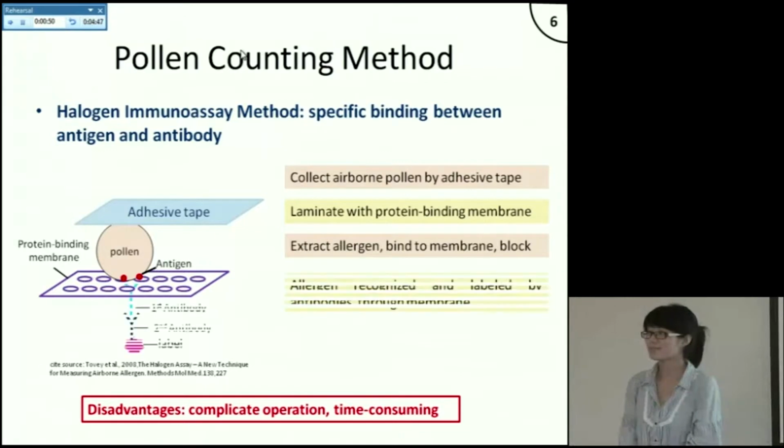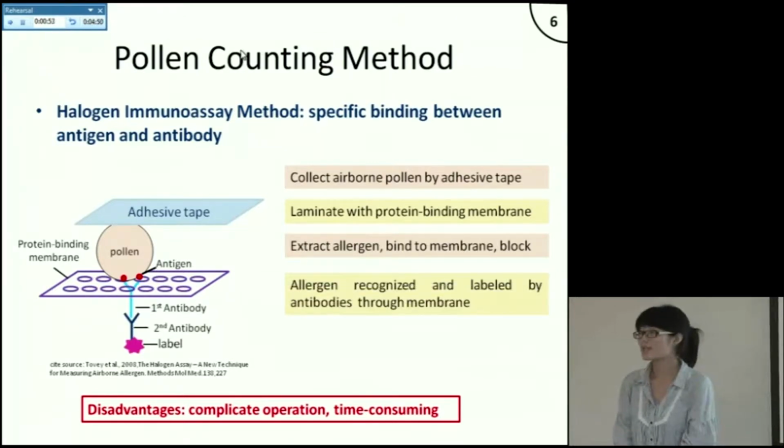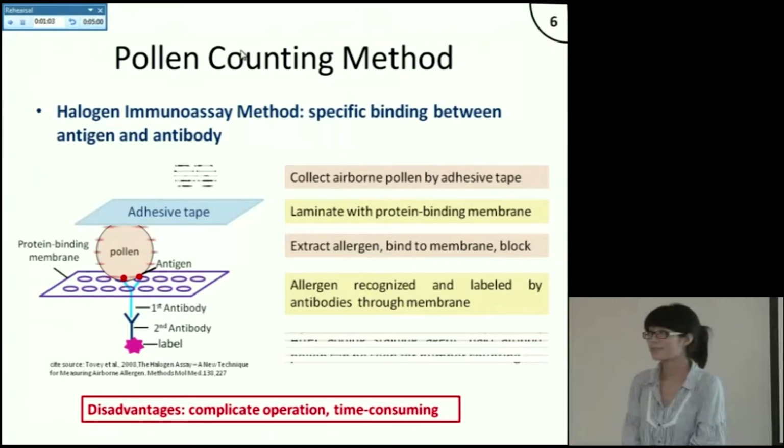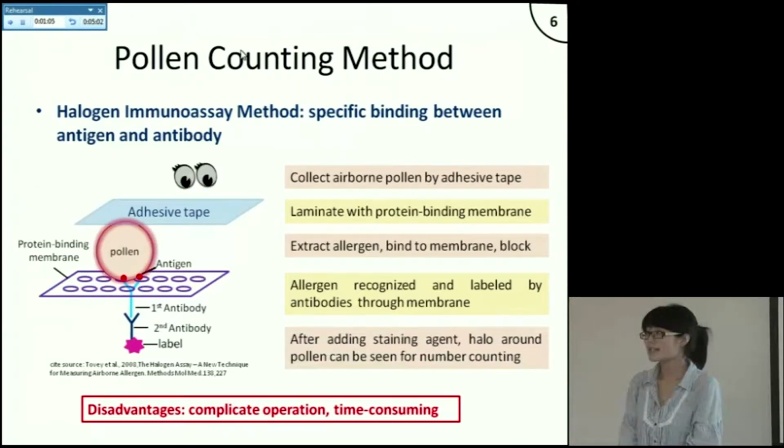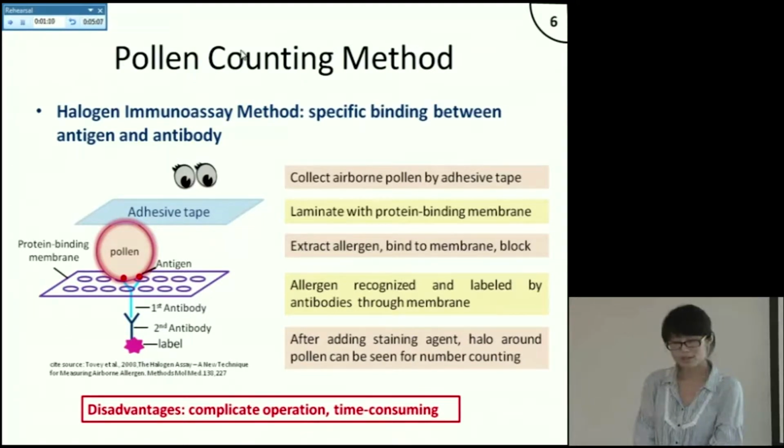Then a first antibody will be used to recognize pollen allergen, and a second antibody with a label will be used later to detect the first antibody. Then after adding some staining agent, halos around the pollen can be seen for counting.